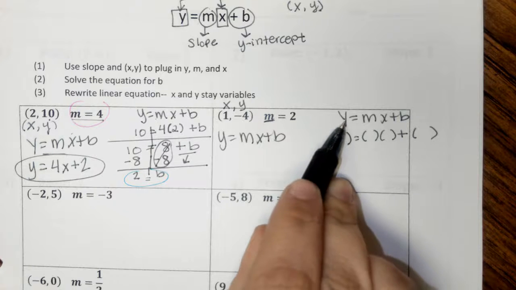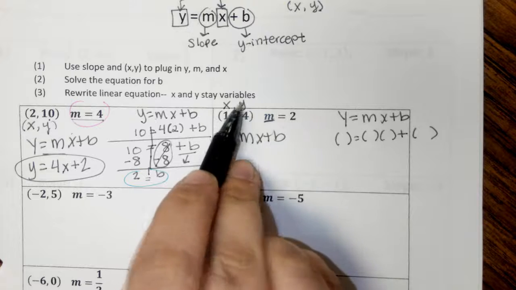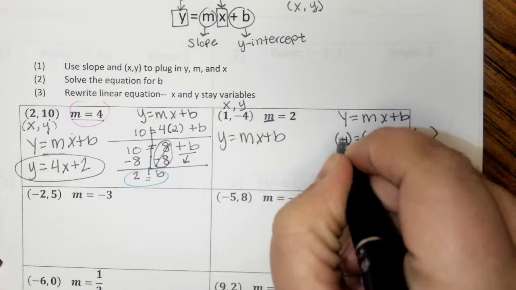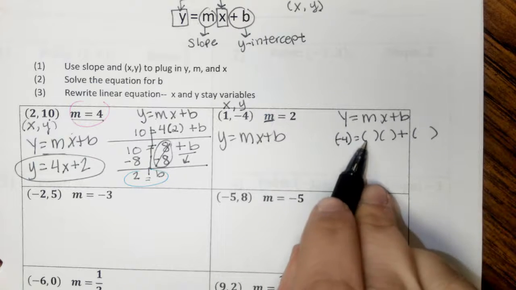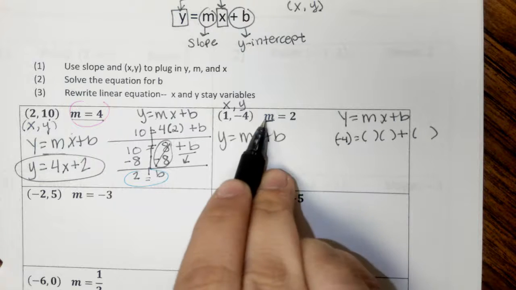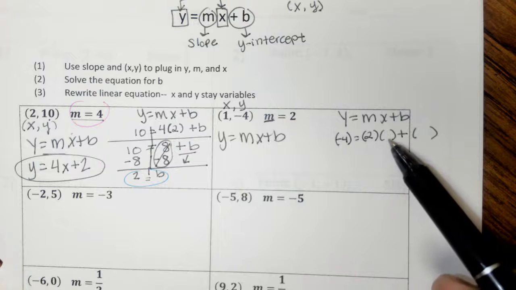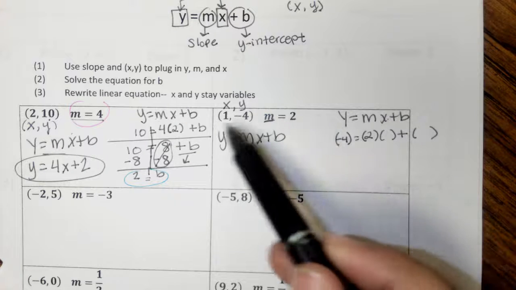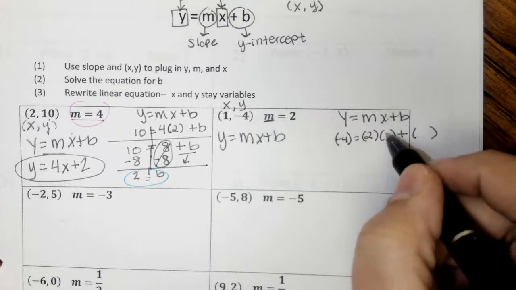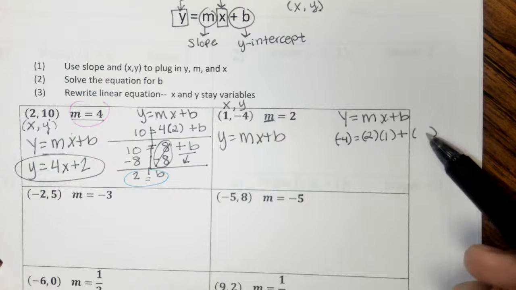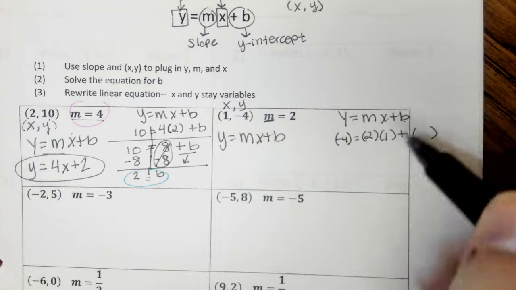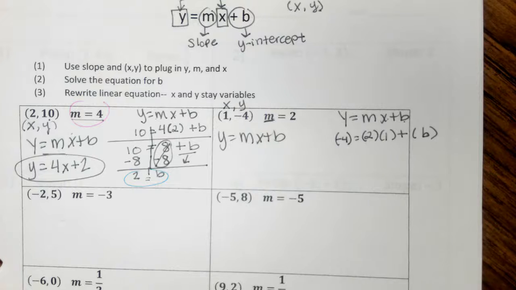This bubble is in place of y, and y is -4. This bubble is in place of m, and m is 2. This bubble is in place of x, and x is 1. This bubble is in place of b, and I don't know what b is, so that's going to stay as a letter.